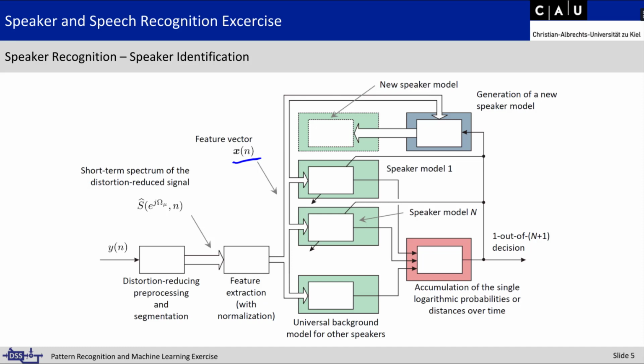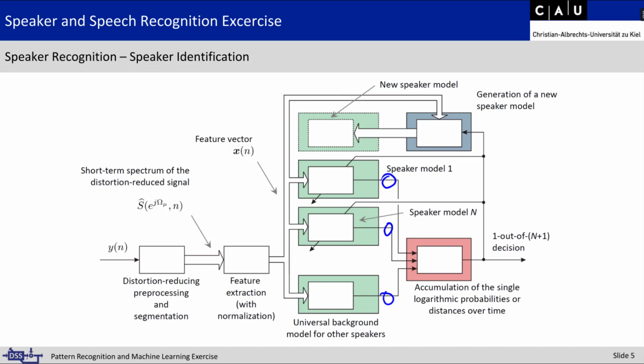So we have more than one speaker model, and we calculate again the probabilities as in speaker verification. Those are the outputs here. Again, we have a universal background model that is trained with the speech of other speakers for comparison.